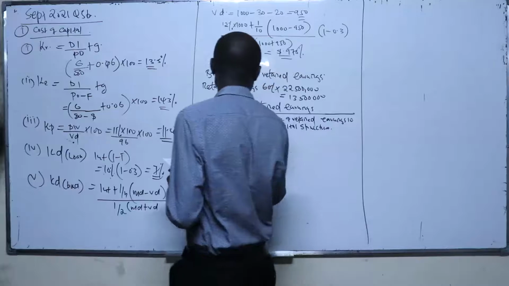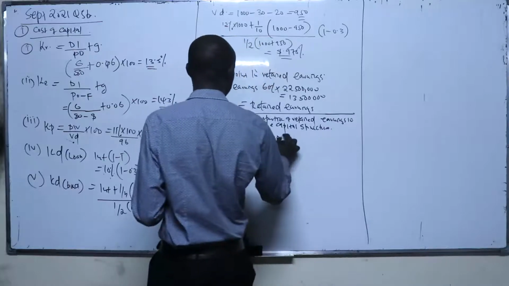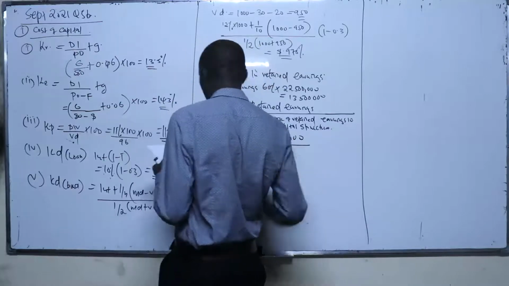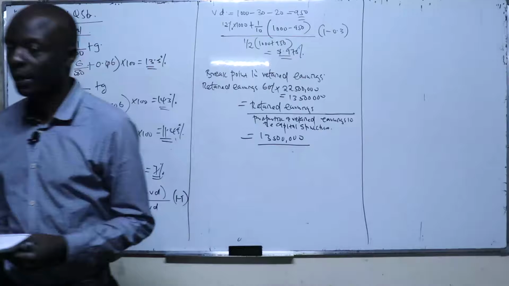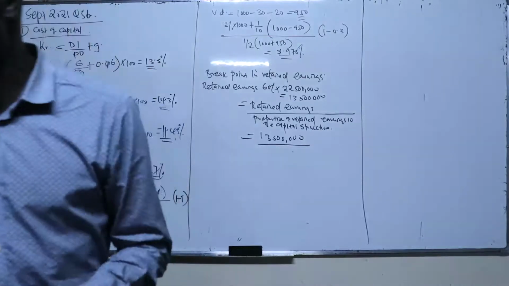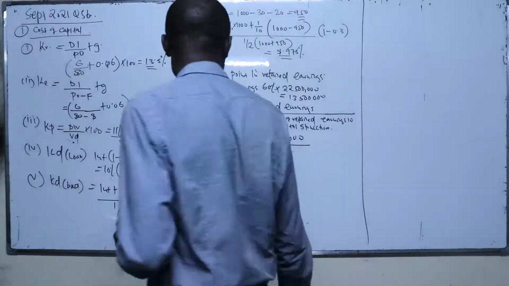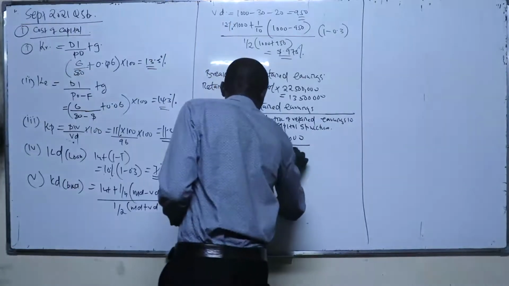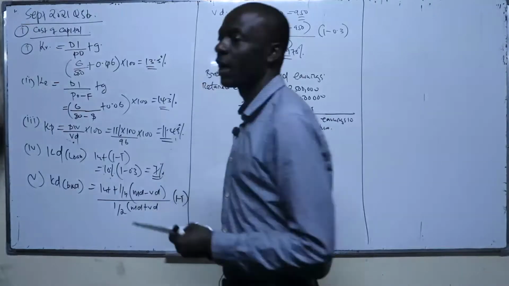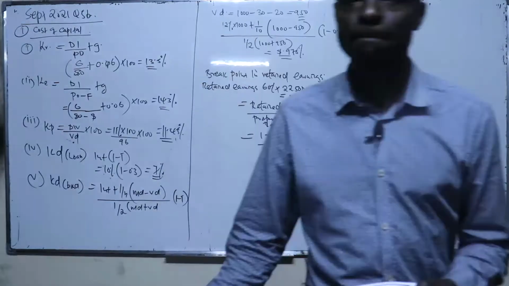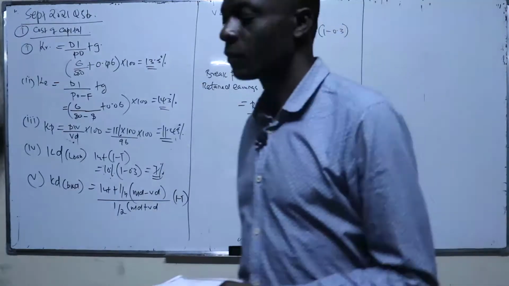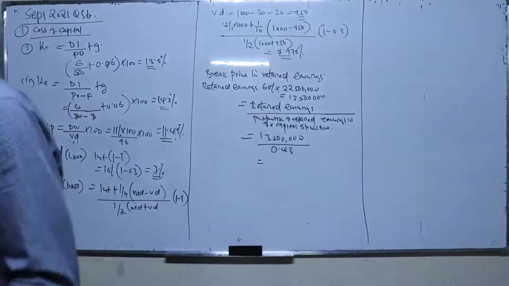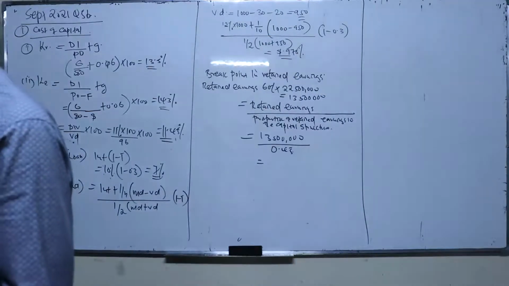So retained earnings is 13,500,000. The proportion of the retained earnings, which is represented by equity, is 0.4, 0.45. How much does it come to? That is in the question. Look at note number 9.